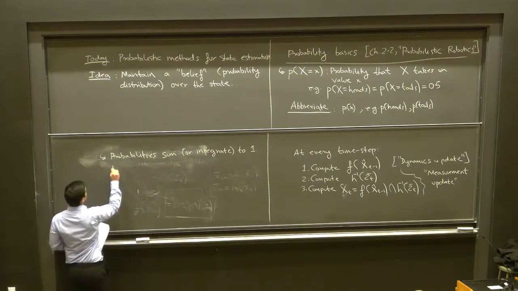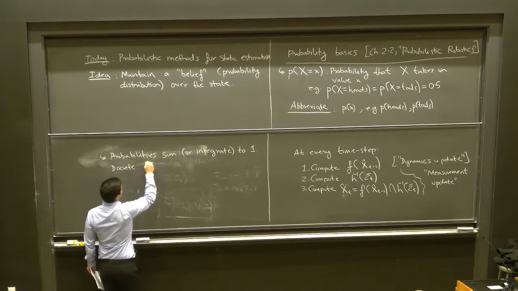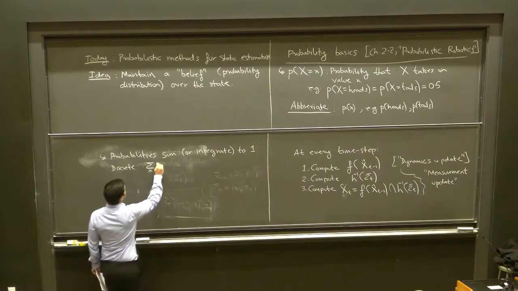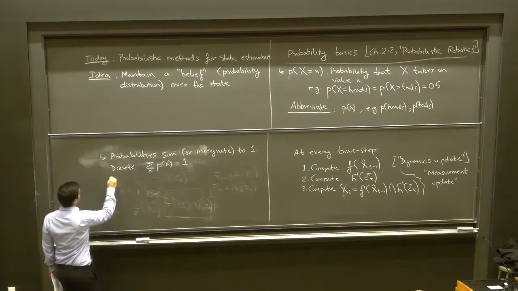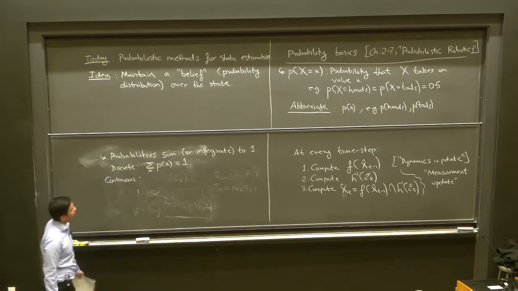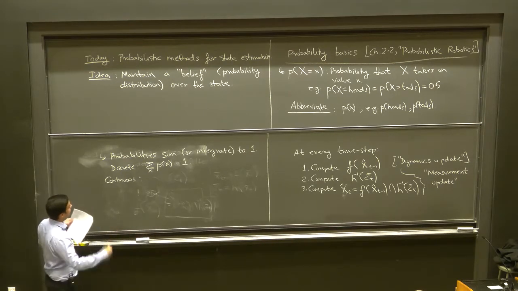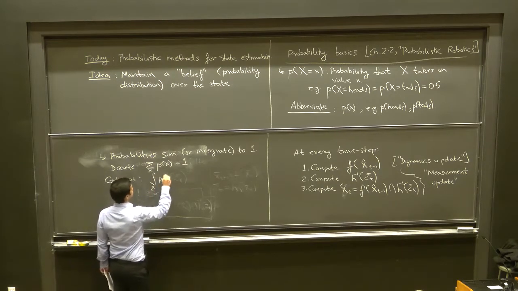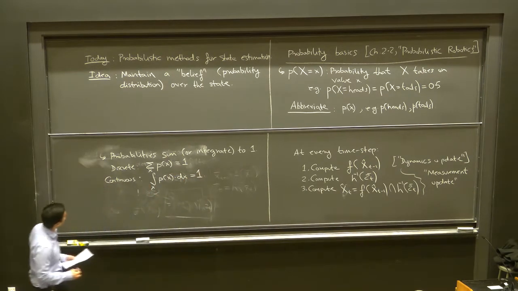So in the discrete setting, this corresponds to a summation over all the possibilities, little x, of p of x equals 1. And in the continuous setting, so if we're looking at things like distances, like range measurements that a robot's range sensor gives it, then we look at integrals over x, p of x, dx equals 1. Okay.